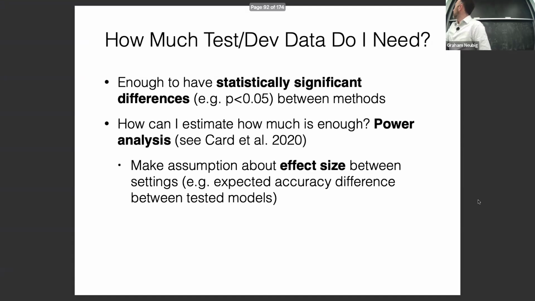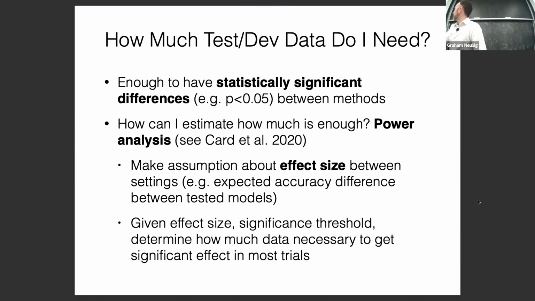And basically the idea of power analysis is that you make an assumption about the effect size between settings, for example, the expected accuracy difference between tested models. And given the effect size and a significance threshold, you can determine how much data is necessary to get a significant effect in most trials.